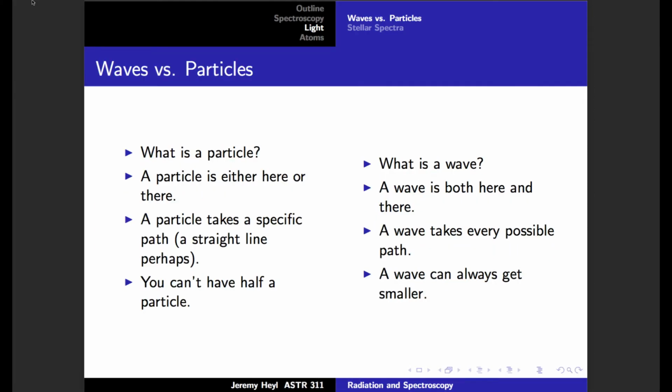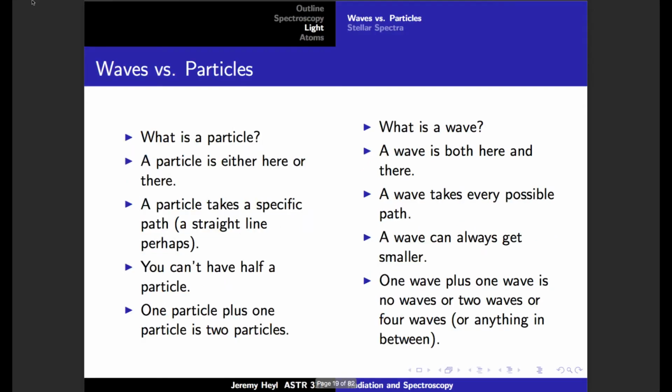You can't have half a particle, whereas a wave, you can make it any amplitude that you want. You can always make the wave smaller. And one neat thing about waves versus particles is that if you have one particle and another particle, guess what? You only have two particles.